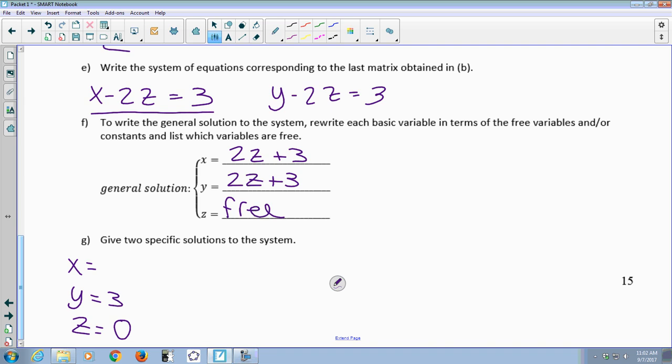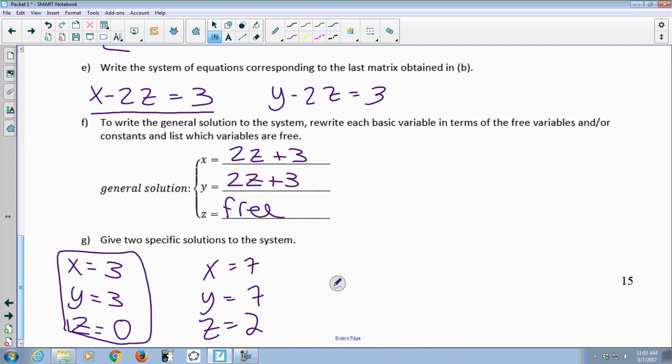And x is 2 times 0 plus 3, which is 3. So there's one specific solution. If you make x, y, and z 3, 3, and 0, you solve the system. And there are infinite solutions. We could come up with another one by picking a different z, right? If I make z 2, then y is 2 times 2 is 4 plus 3 is 7. And x is 2 times 2 is 4 plus 3 is 7. There's another solution.